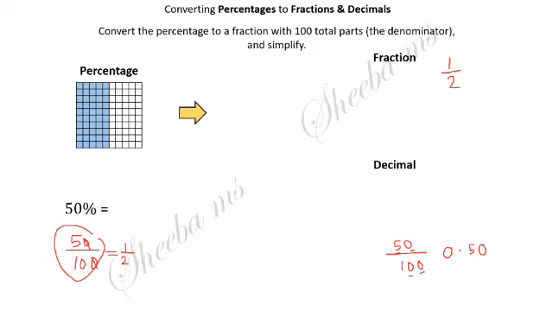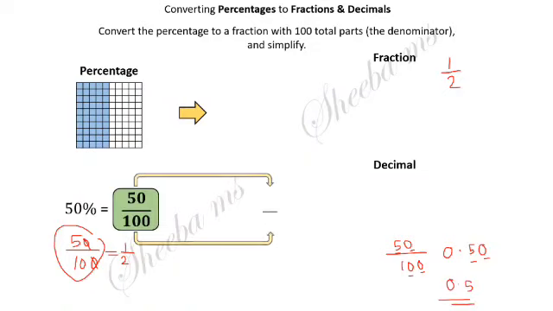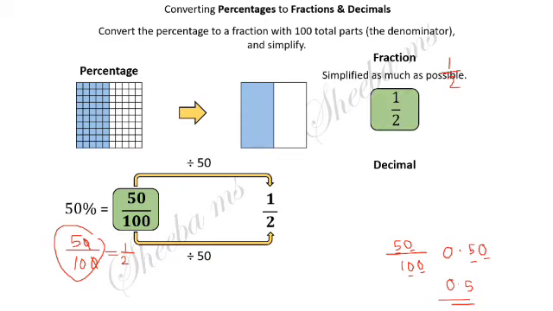Two places, then place the point: 0.50. It is equal to 0.5. So 50 by 100, we divide by 50, half. So it is half and it is 0.5.